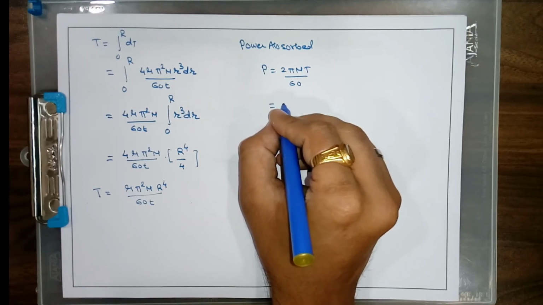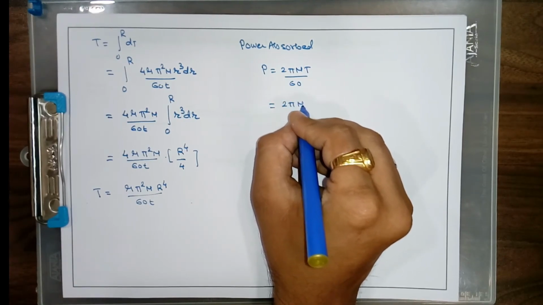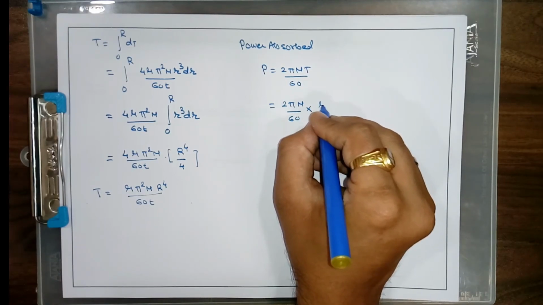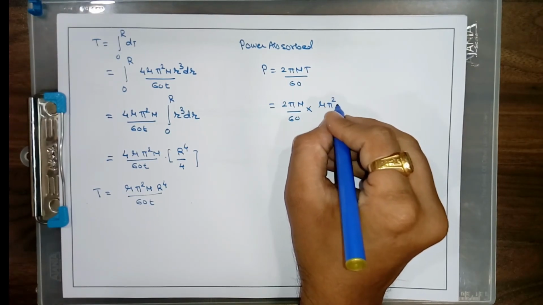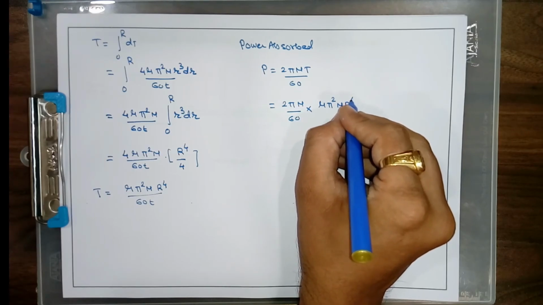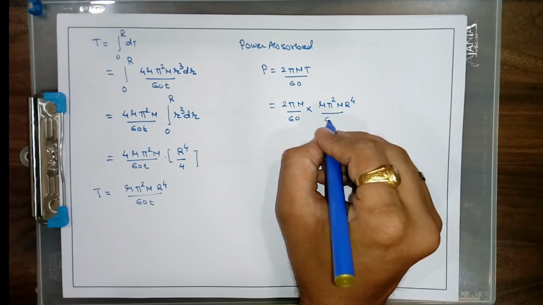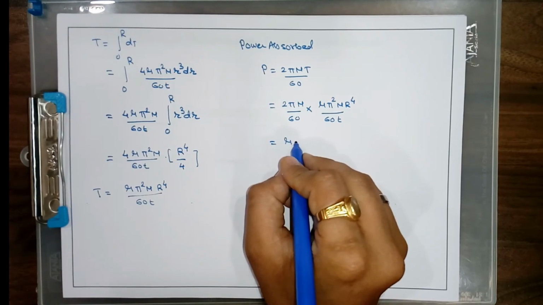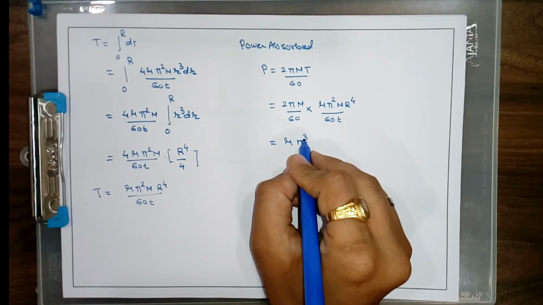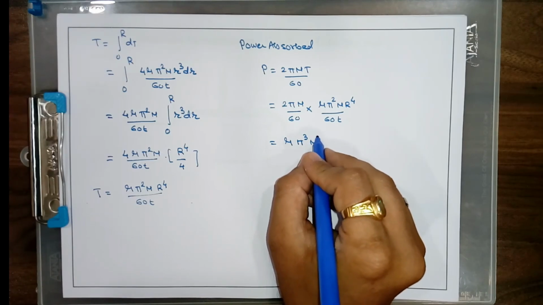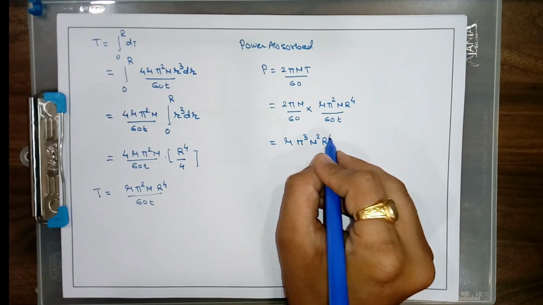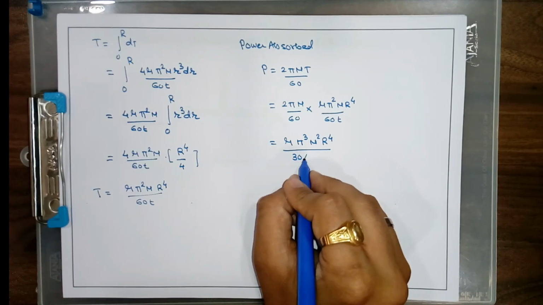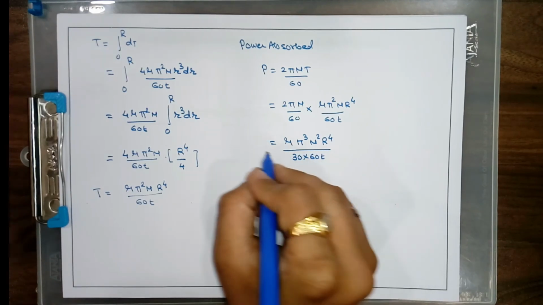So we put down the value of T. So 2 pi N divided by 60 into T means mu pi square N R to the power 4 divided by 60t. So our final answer is mu pi to the power 3 N to the power 2 R to the power 4 divided by 30 into 60t.